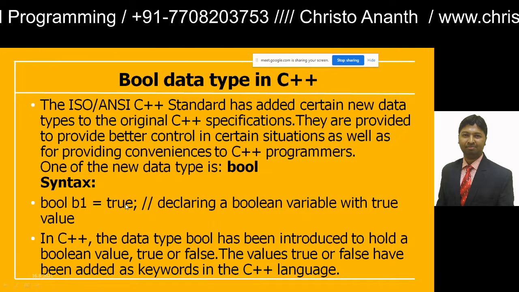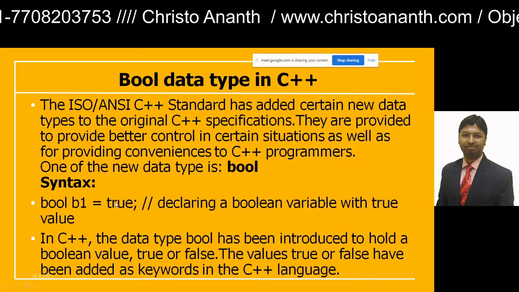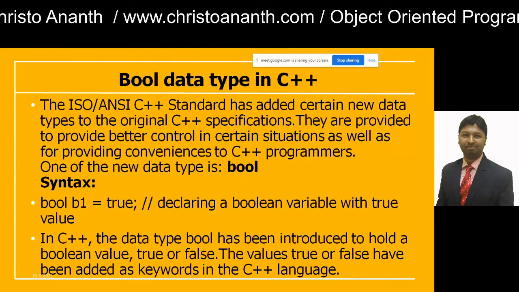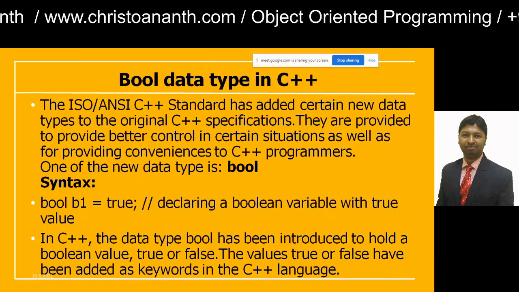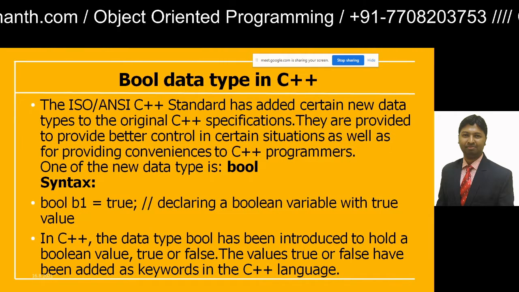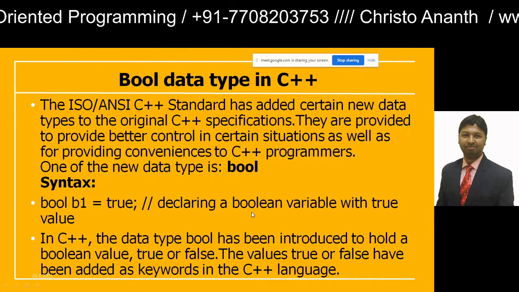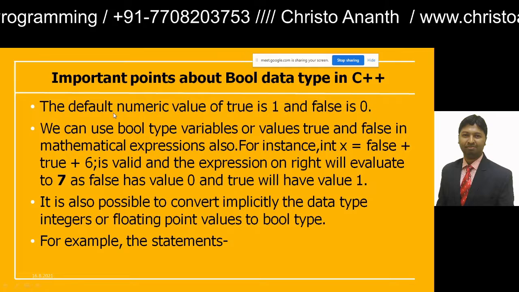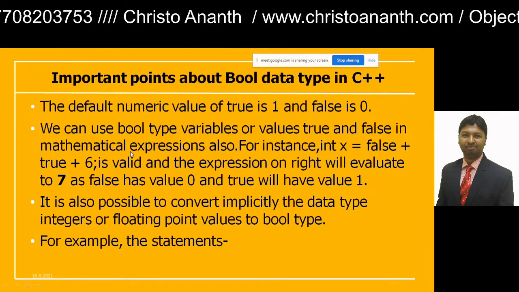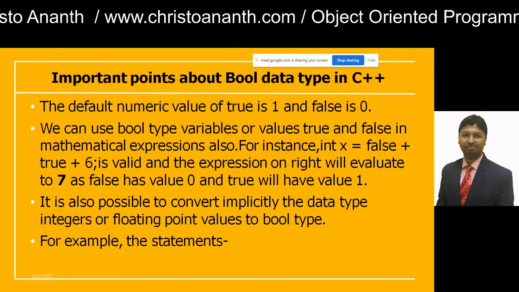So you are going to declare a Boolean variable b1 with the true value. Similarly, in C++, the data type bool has been introduced to hold a Boolean value, maybe true or false. True and false have been added as keywords in the C++ language, and there are some important points that you have to consider when you are dealing with the Boolean data type in C++.